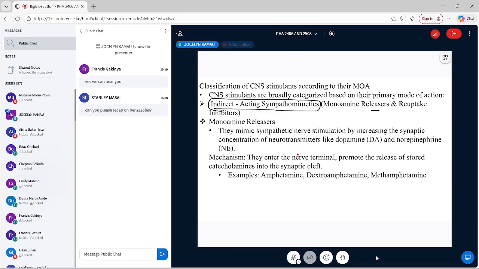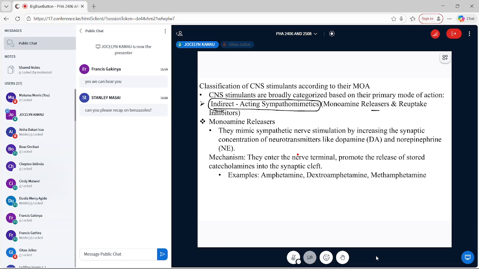Direct action on other receptors, other mechanisms. You have nicotine. You ask yourself, why do people take cigarettes? When they take cigarettes, they feel it somehow triggers the release of dopamine.